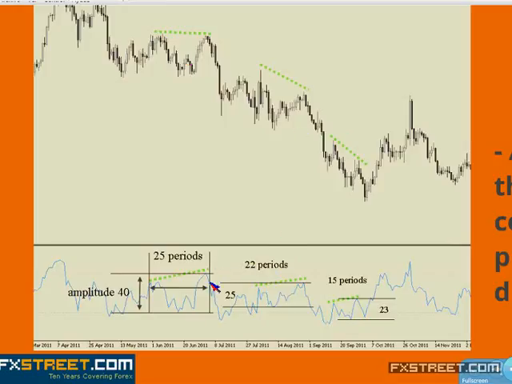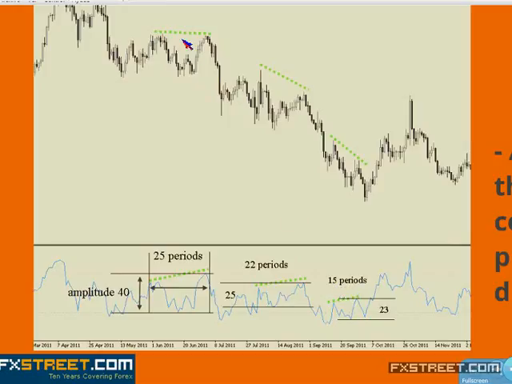See that the amplitude of the setup in the oscillator is getting narrower. The amplitude would be the difference between the peak and the trough in the oscillator. That amplitude becomes narrower, and also the duration of the setup becomes shorter.